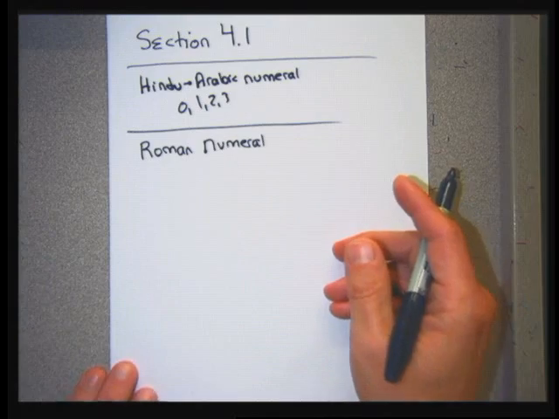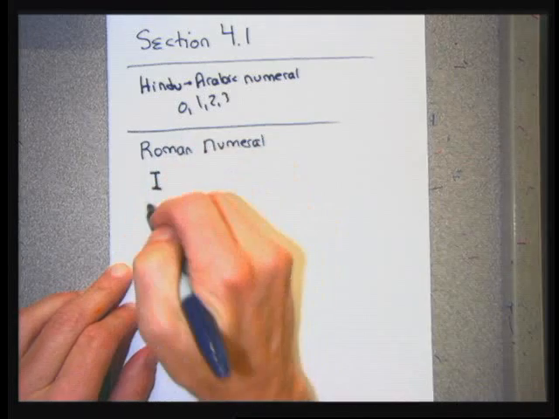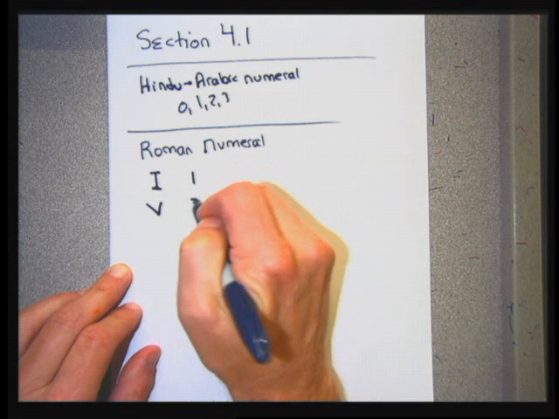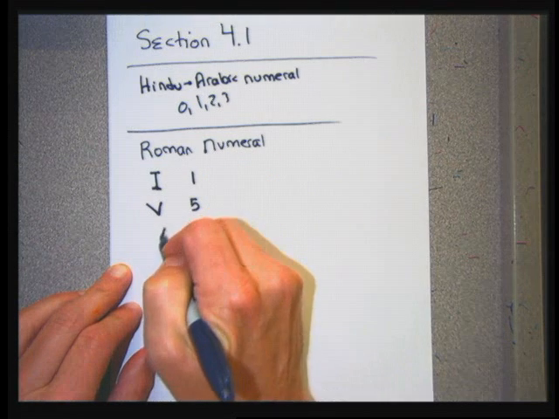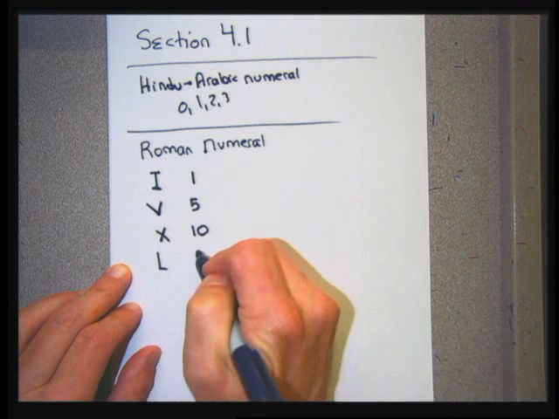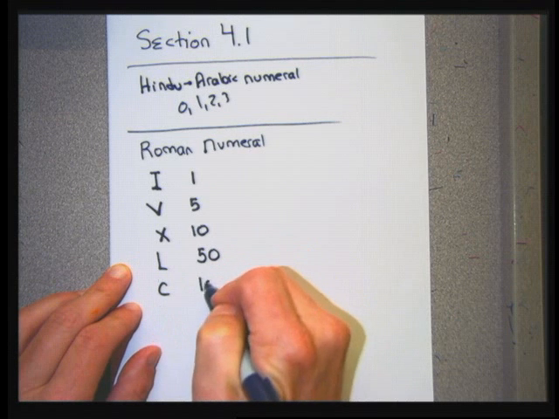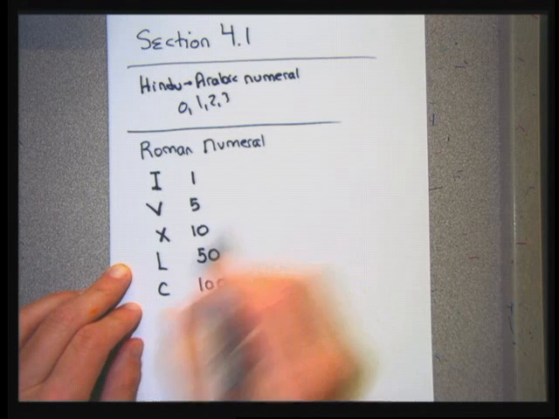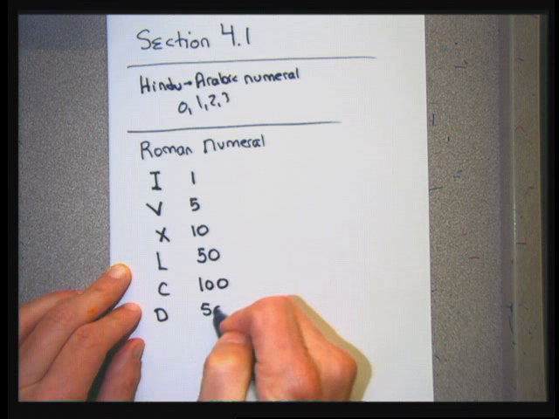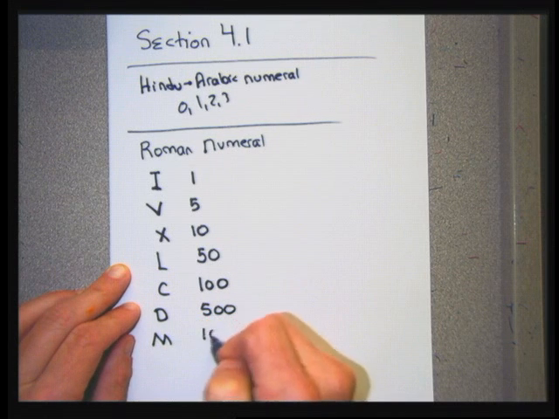So Roman numerals are the numbers I just means 1, V means 5, X means 10, L means 50, C means 100, and D means 500, and M means 1000.